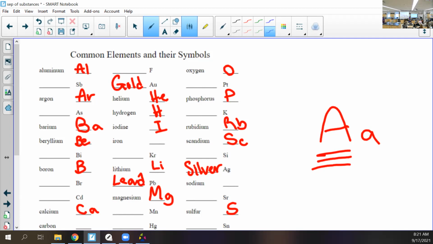So the weird ones are from their Latin names. Iron is Fe. Its Latin name is ferrum. And if you've ever heard of a Ferris wheel, that comes from the name iron. It's like saying it's an iron wheel. So Fe. I'm sure I missed a few, but potassium is kalium, K-A something.